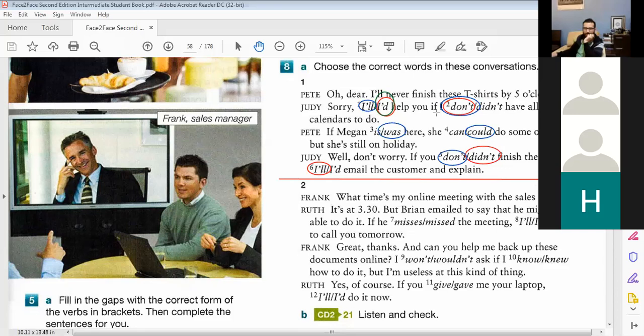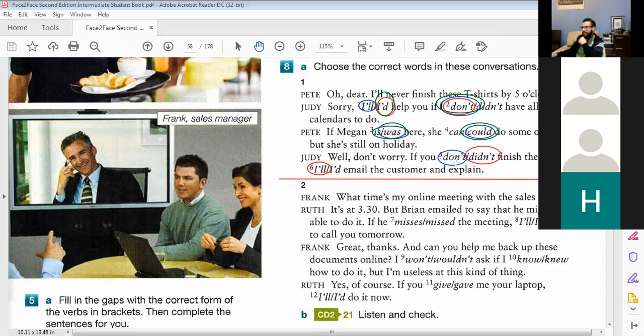If I don't. Okay, so all of you have "don't." Okay, what about the next one? If Megan was here, yes, blue. I don't know if it's right or not, but she could do some of them. Okay. Yes.